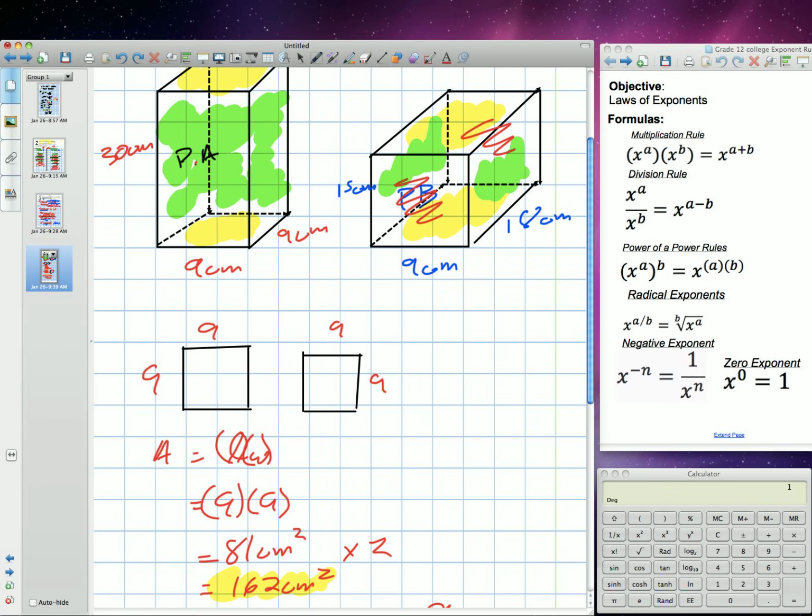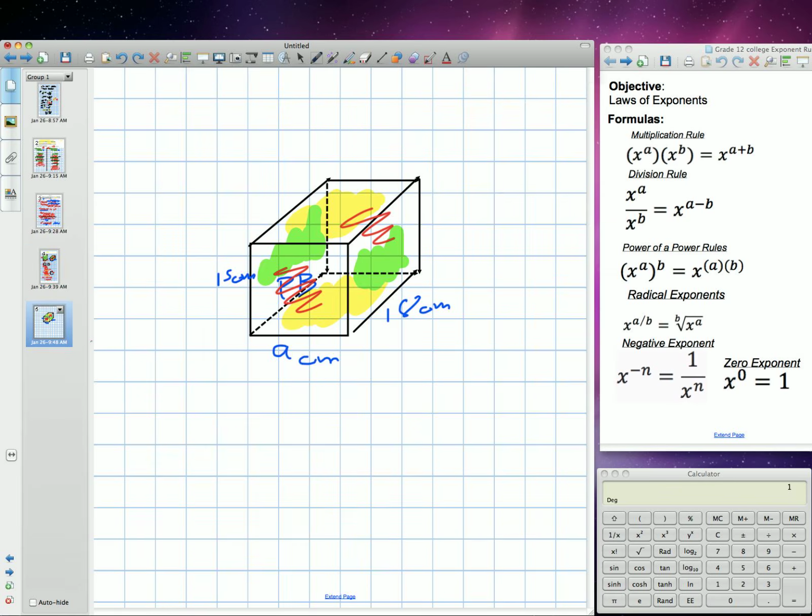What are the measurements of the top and bottom face? The length and the width are what? Let's just talk about the bottom face. This would be the width, this would be the length. What is it? 9 by what? Okay, 9 by 18. So there are 2 faces with that measurement. We'll find the area of that. Area is length by width.